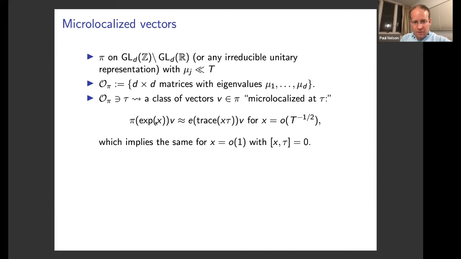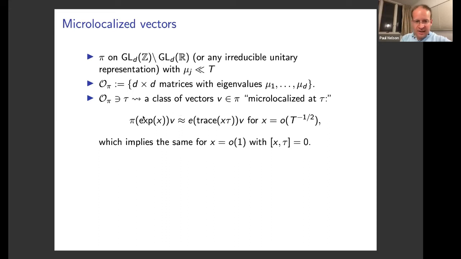So pi is a representation that acts on this vector v. We can act by the group element exp of x, if x is a Lie algebra element, so x would be a d by d matrix. And we ask that this be approximately a multiple of the vector v, where the scalar that shows up is e to the 2 pi i times the trace of the matrix product of x and tau.